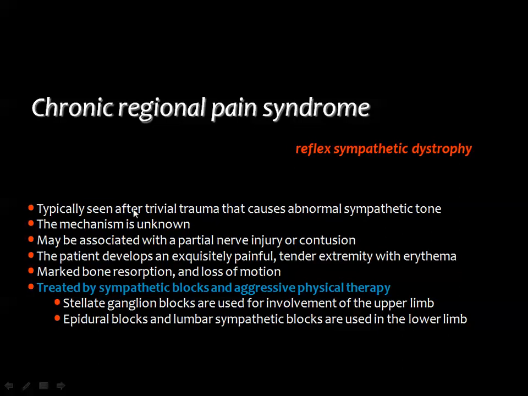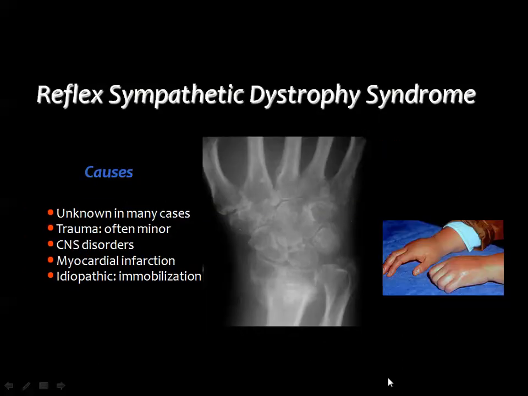The mechanism of this syndrome is unknown, and there are many factors which are accused as underlying causes. The treatment is by sympathetic blocks and aggressive physical therapy. Stellate ganglion blocks are used for involvement of the upper limb, and epidural blocks and lumbar sympathetic chain blocks are used for lower limb lesions.